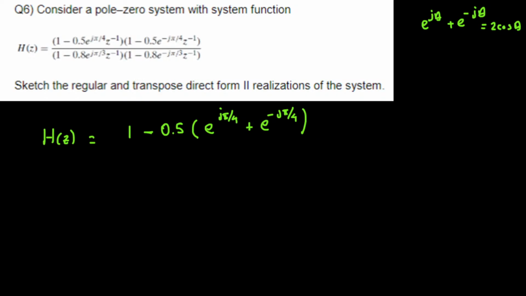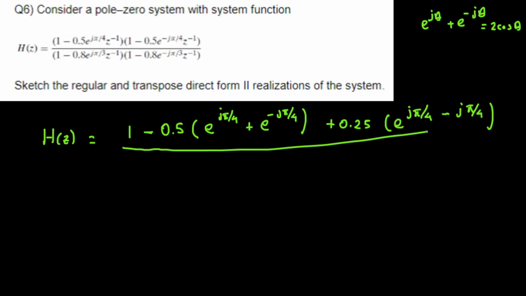And then lastly we multiply negative 0.5 times negative 0.5, and that's going to give us positive 0.25. When we multiply, the powers will add, so we are going to have e^(j5π/4 - j5π/4). As you can see, this is going to be e^0, so this is just 1.